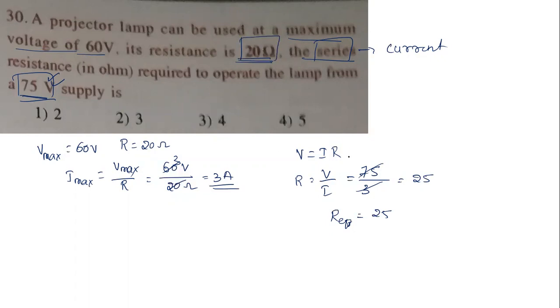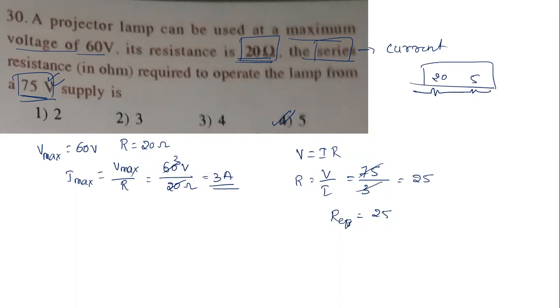To get an effective resistance of 25, I can connect 5 ohm in series: 20 plus 5 is 25. So I need to connect 5 ohm in series so that the lamp can operate at a voltage of 75 volt.